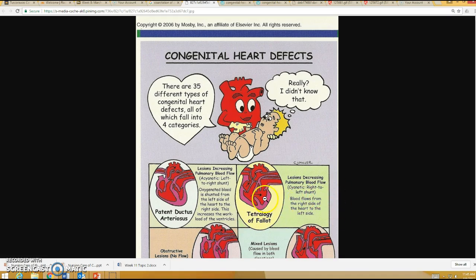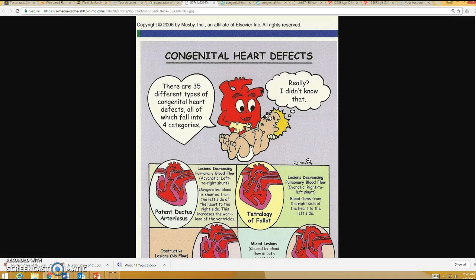So then coming over here, we have what's known as a decreased pulmonary blood flow. Oh, going back, other things that can cause increased pulmonary blood flow would be an atrial septal defect or a ventricular septal defect. So going back over to decreased pulmonary blood flow, we have Tetralogy of Fallot, the most common defect that you'll see this.